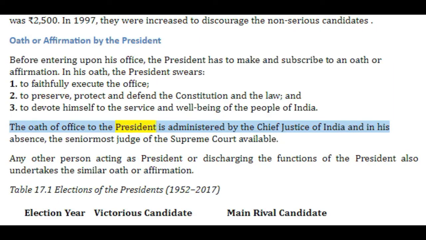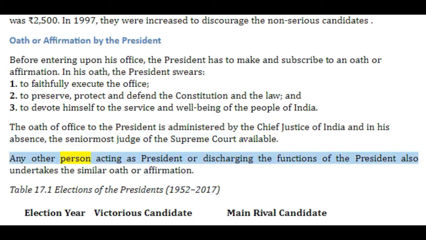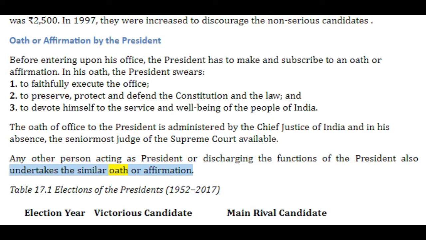The oath of office to the President is administered by the Chief Justice of India, and in his absence, the senior-most judge of the Supreme Court available. Any other person acting as president or discharging the functions of the president also undertakes a similar oath or affirmation.